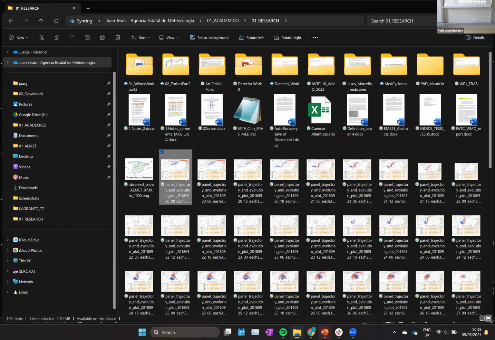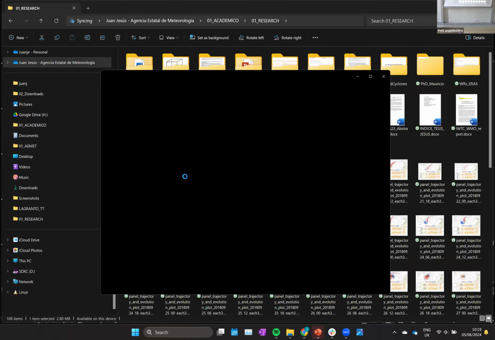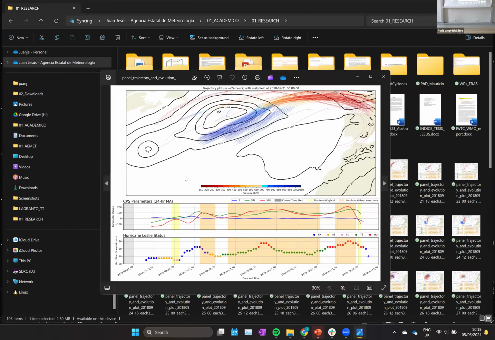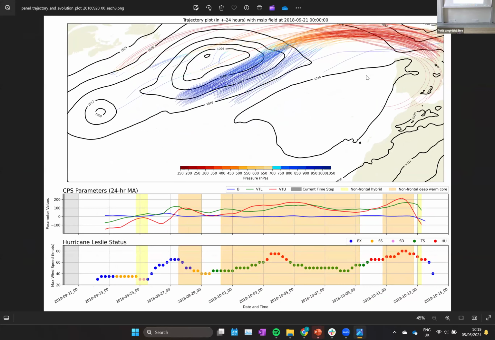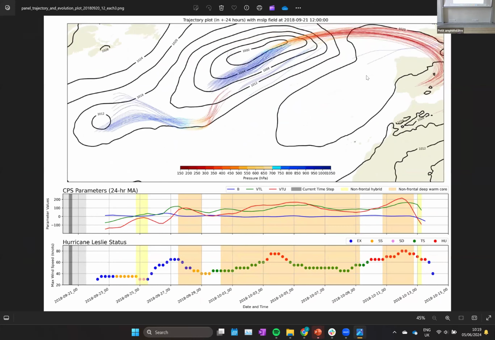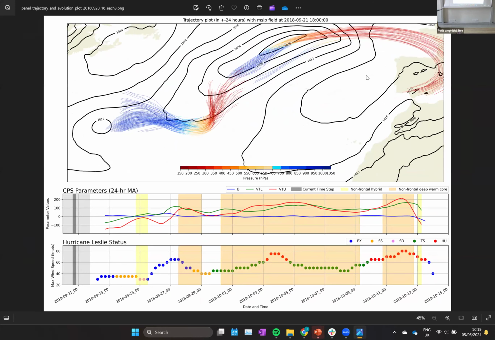This is the animation of the evolution of the cyclone based on these kinds of panels.